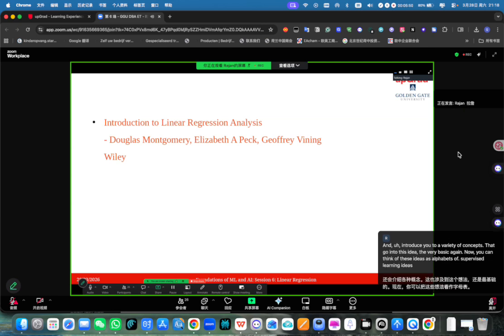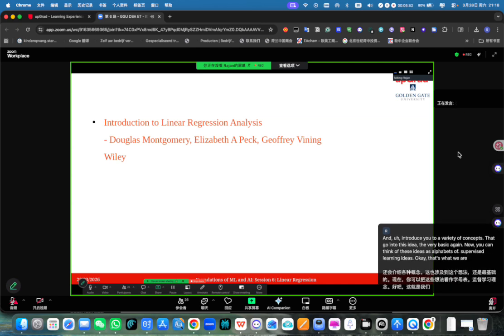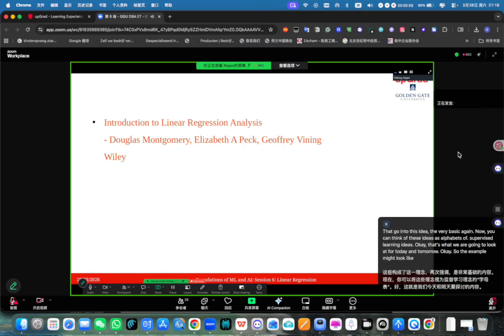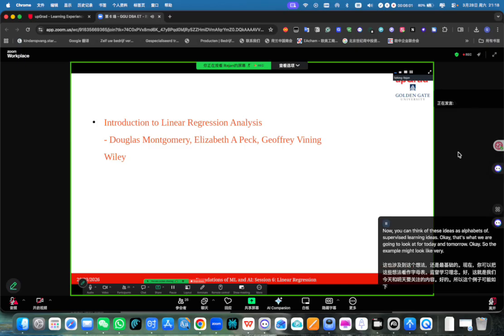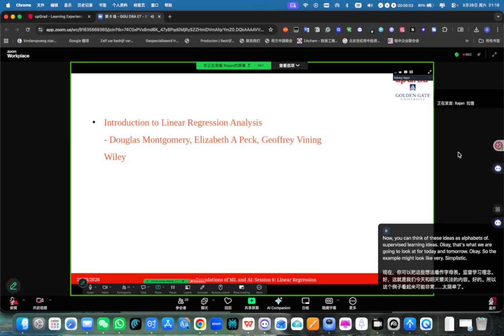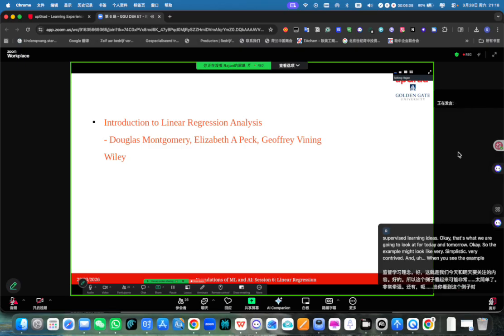That's what we are going to look at for today and tomorrow. The example might look very simplistic, very contrived, and when you see it, you can tell me whether it is contrived or not. I can keep that as a question for you.